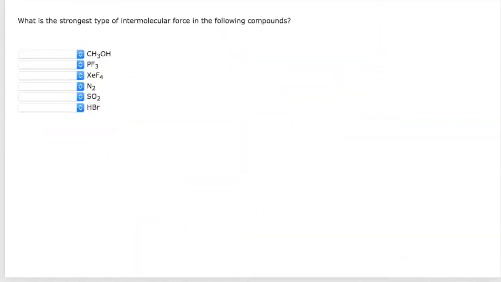Starting with methanol, let's figure out what the strongest intermolecular force is. If we were to draw it out and show that bent geometry, then we see methanol right there. Speaking just in terms of polarity, this is a polar molecule, and we see that there is a partial negative charge on the oxygen and a partial positive charge on that hydrogen.